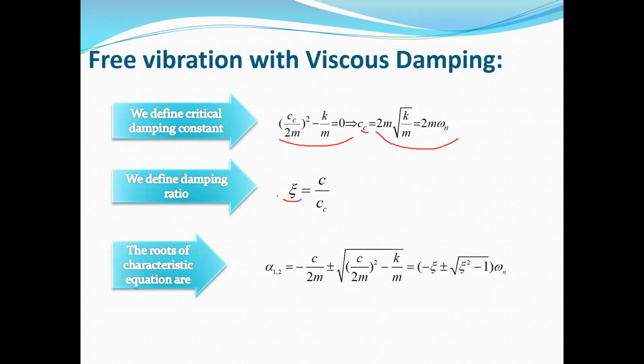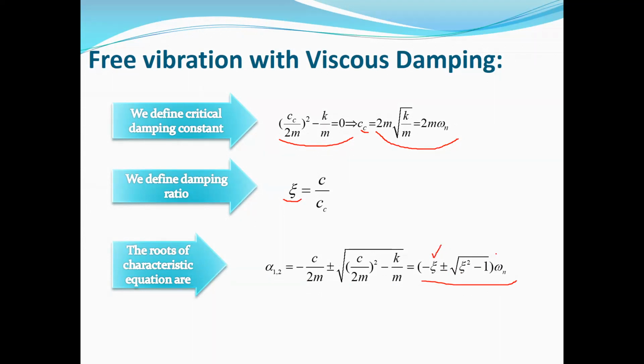So by using this parameter Xi, which is the damping ratio, you can again rewrite the roots for the characteristic equation. Here you can see the two roots of the characteristic equation can be rewritten in terms of Xi and omega n. So the eigenvalue for your system can be rearranged as a function of the damping ratio and the natural frequency.